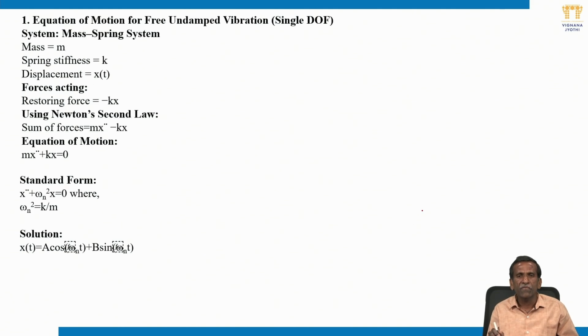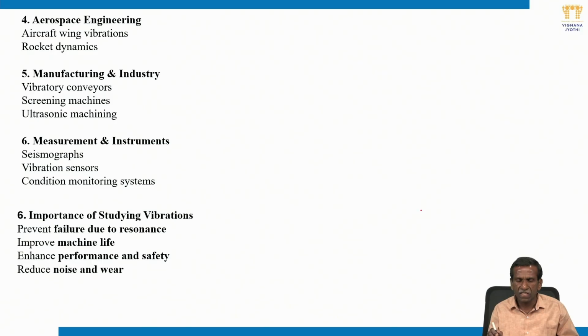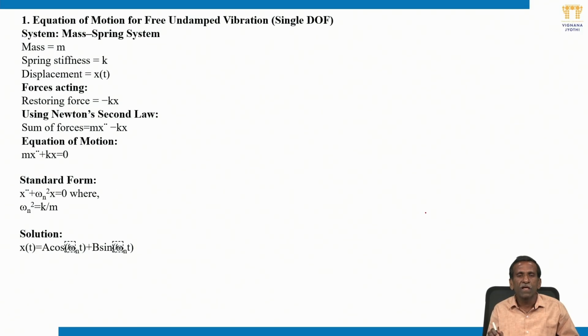Now coming to free vibration, which we just talked about. Here the restoring force I just mentioned is minus kx. Because all forces downward are taken positive, the restoring force is minus kx, and the displacement given is x, which is a function of time.